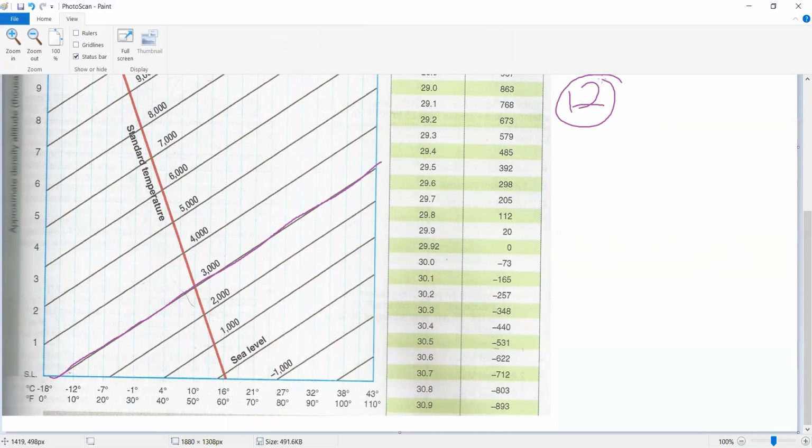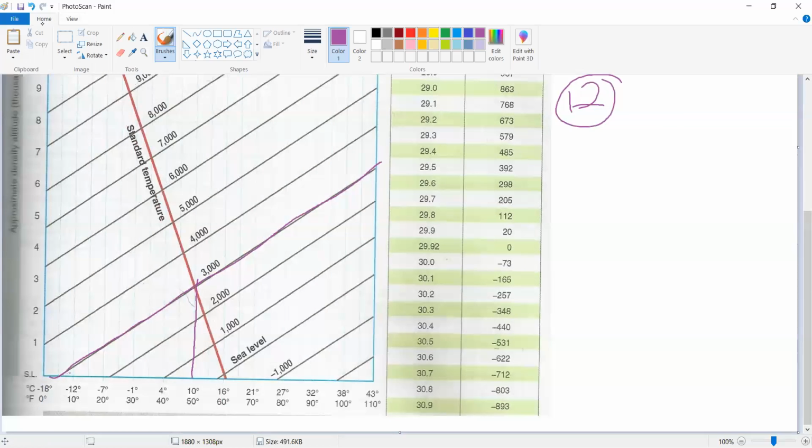Now we have to find our 30 and 50. So let's do 50. Our 50 intersects at that point, which is near 3,000. So I would say maybe about 2,900.